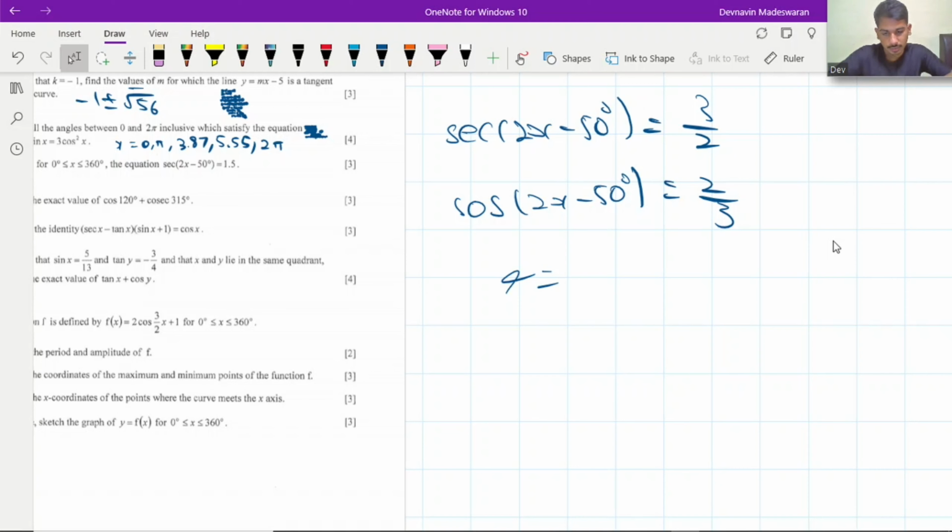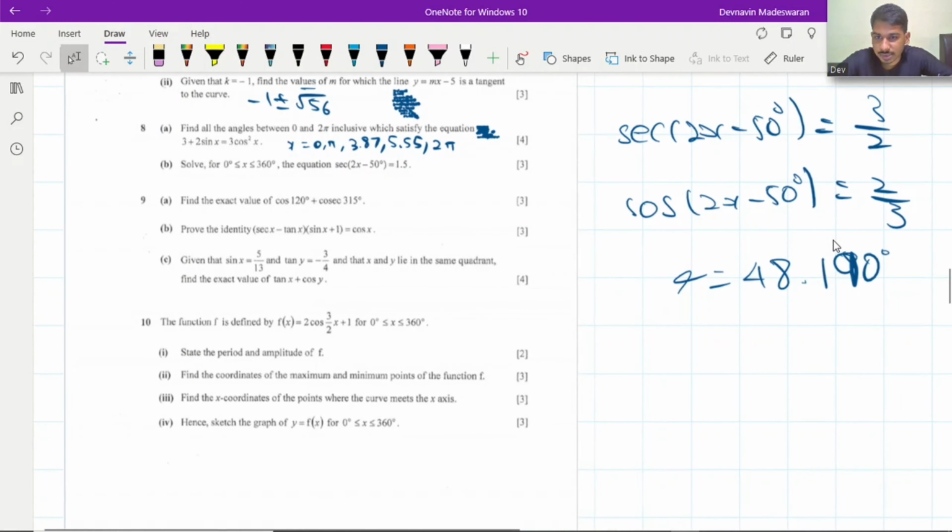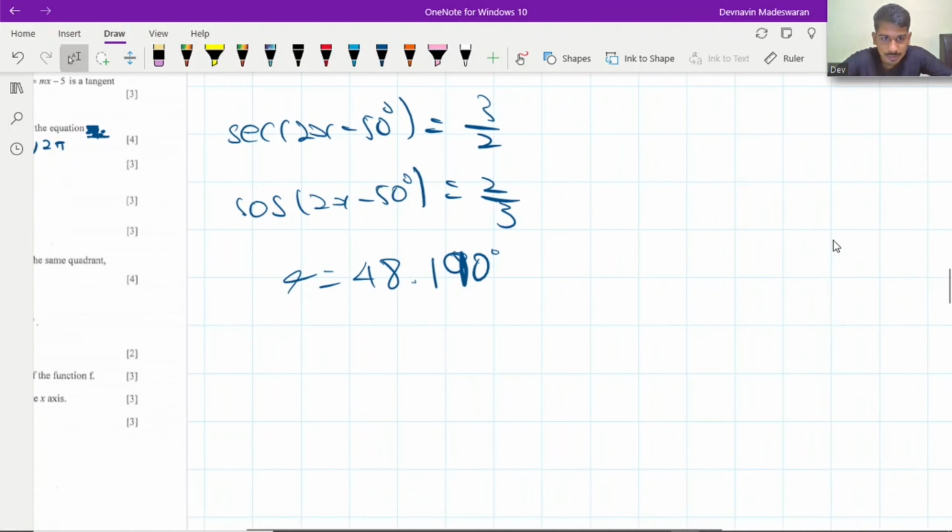I need to change it to degrees. 48.18, okay. Okay, what else is there? Let's see the range. They say 0 to 360.